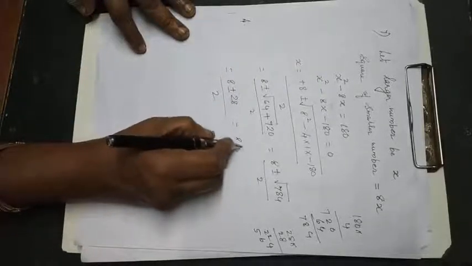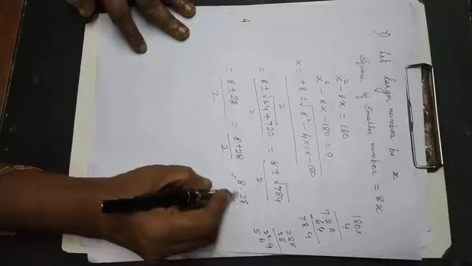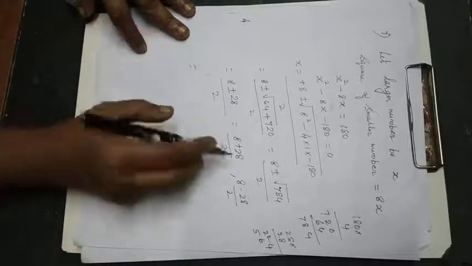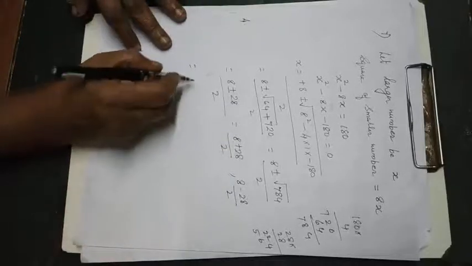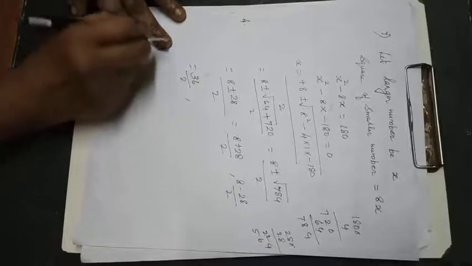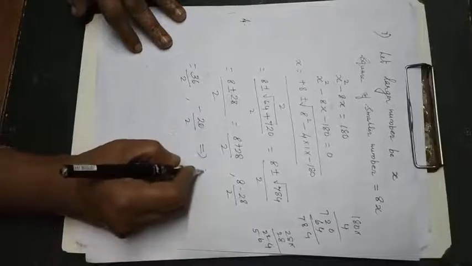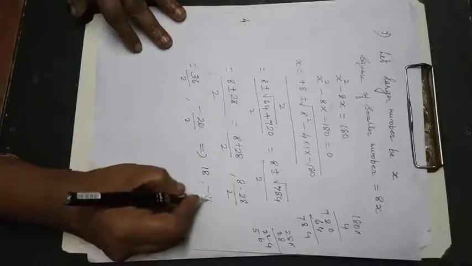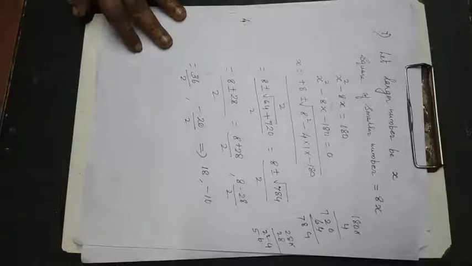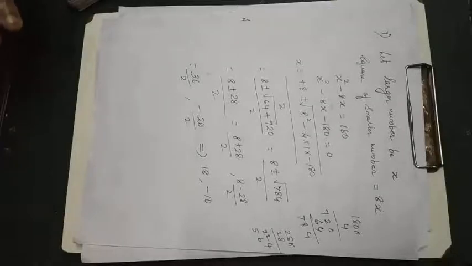So 8 plus 28 by 2 you can take, 8 minus 28 by 2 you can take. So 8 plus 28, that is 36 by 2, and here it will come minus 20 by 2. So 18 and minus 10 you are getting. As it is two numbers, the larger number we have taken x, that is 18.